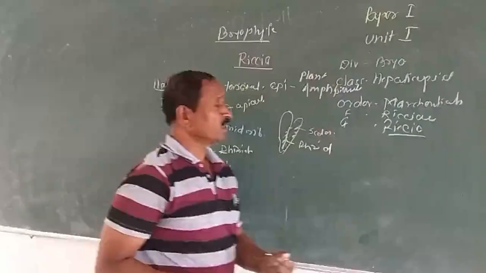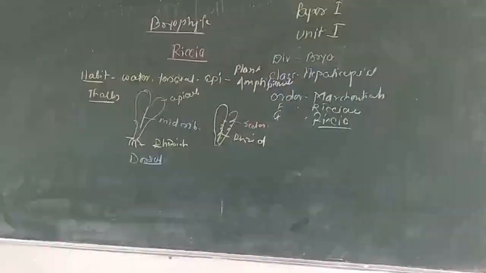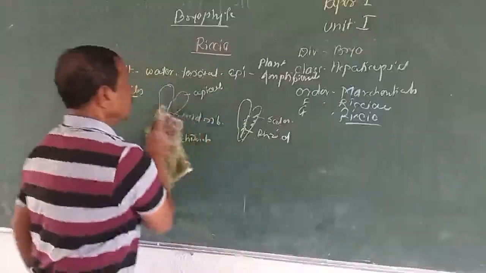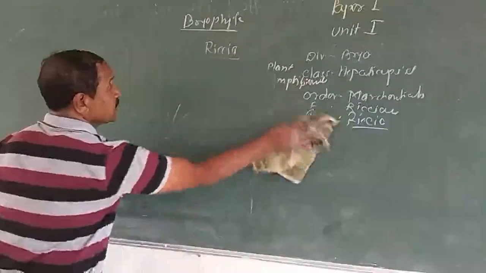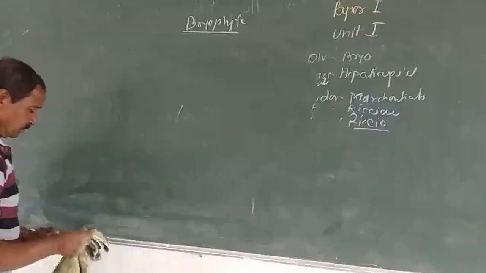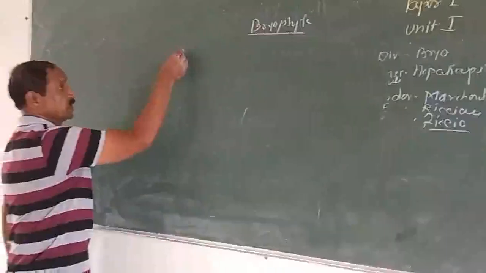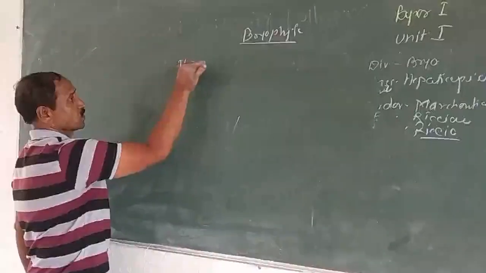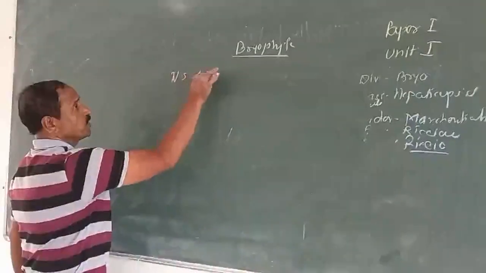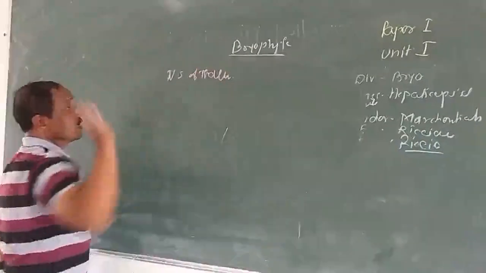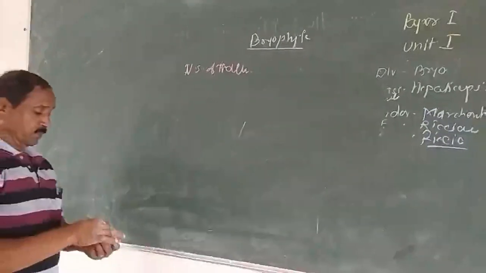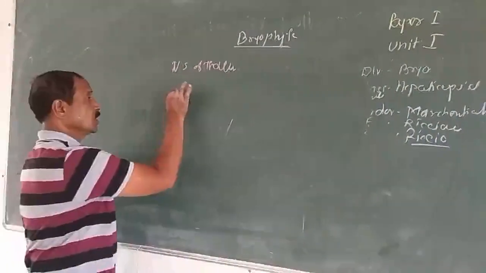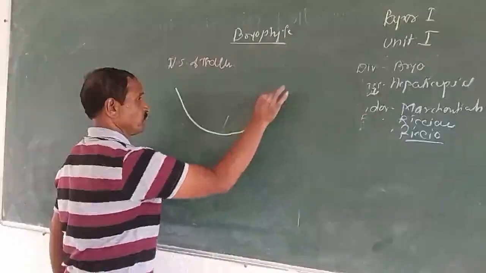Then internal structure of the Riccia, that is internal morphology. In internal morphology, it shows the thallus, internal or VS of thallus. It is called as VS of thallus. In VS of thallus, it shows cup-shaped structure.